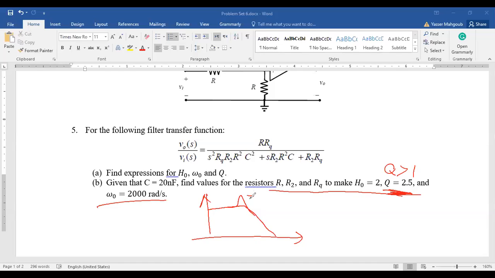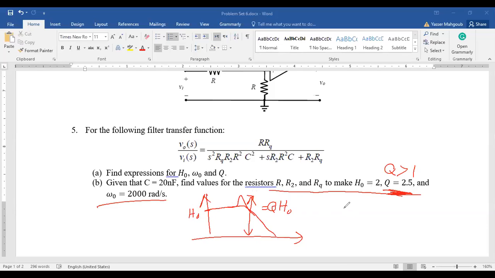The height of this peak is Q times H0. The value of this peak is this, but in dB, so you have to convert it into dB: you multiply Q by H0 and convert it into dBs. And the value here is H0 in dB.